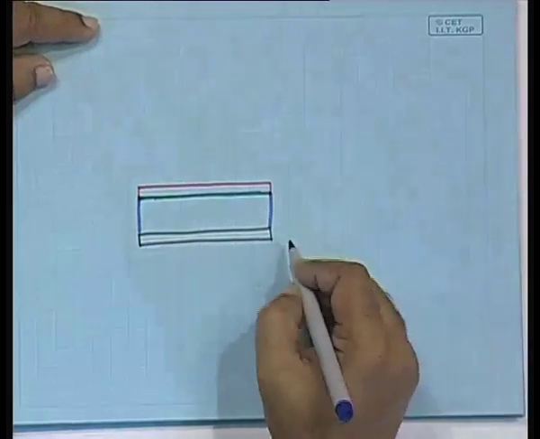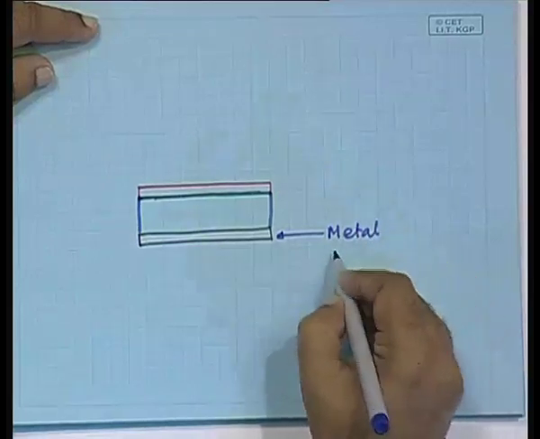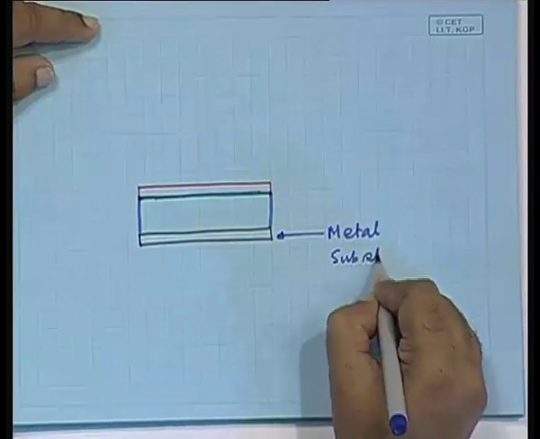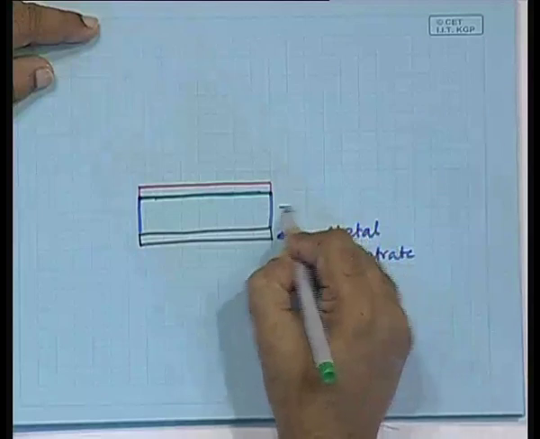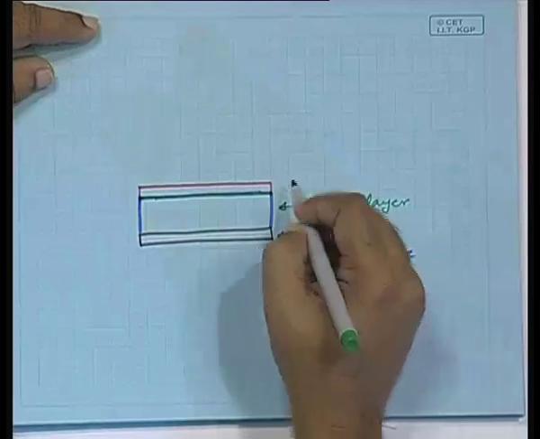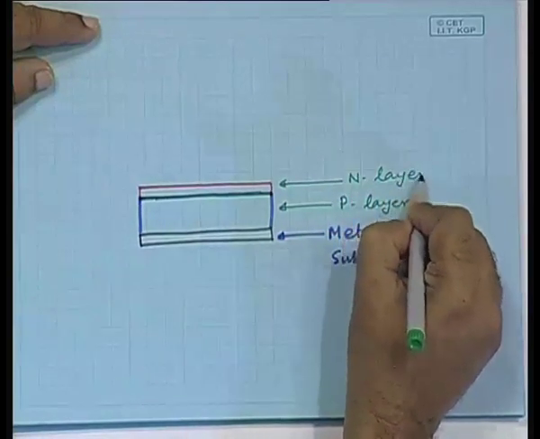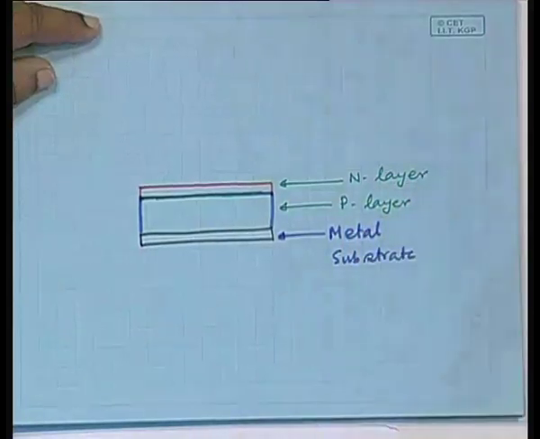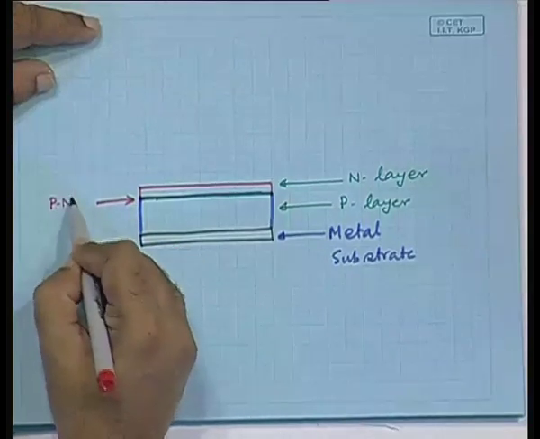So, here is the metal substrate, here is the P layer and here is the N layer. Okay. And this fellow is the P N junction.